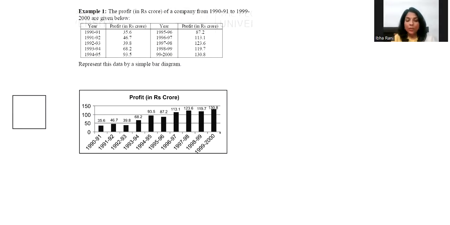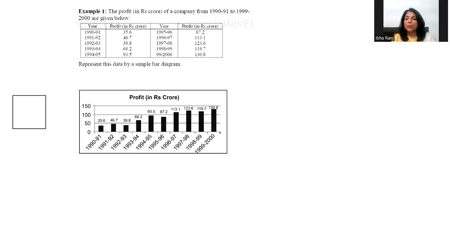It is very important to write the title. Here it is profit in crores of the company from the year 1991 to 2000. That is important. Scaling is important. For the y-axis we have done the scaling. Here 1 centimeter or 2 centimeters; here 1 centimeter is 50.